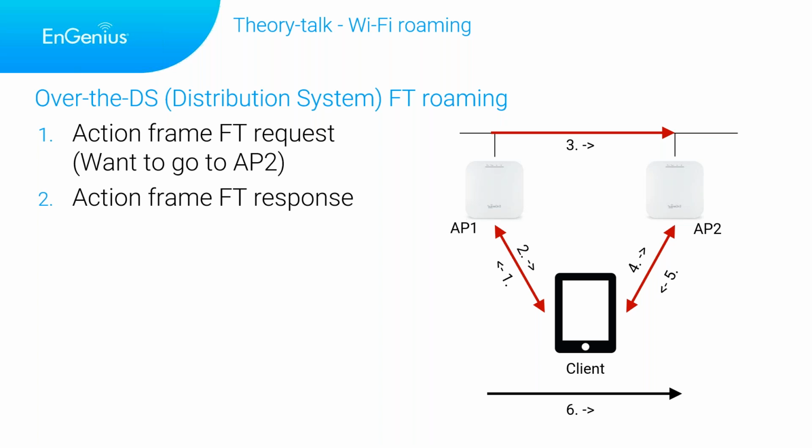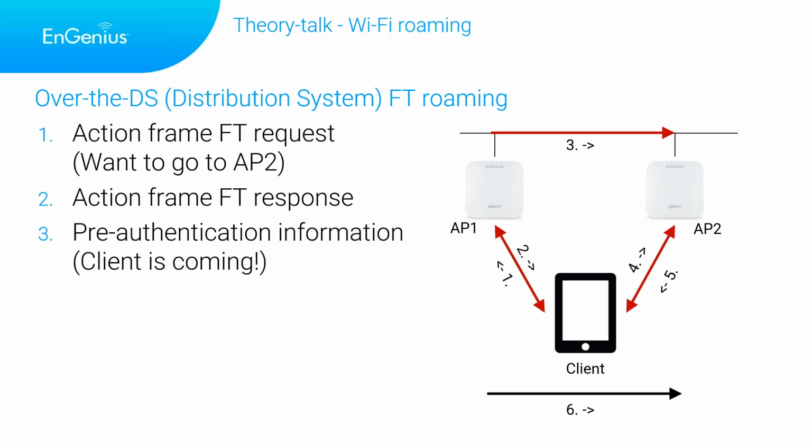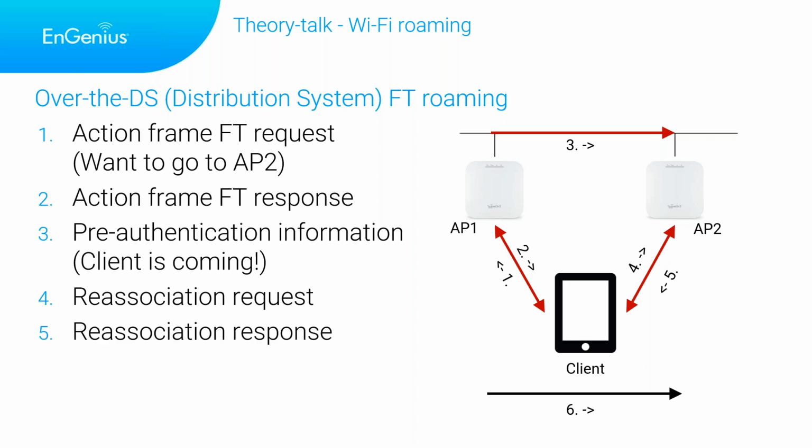The access point replies. It also sends pre-authentication information to the other access point, and then the client switches and tries to reassociate and gets a response. So just 4 steps for the client.